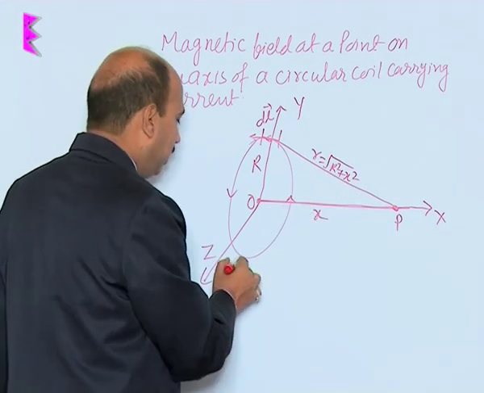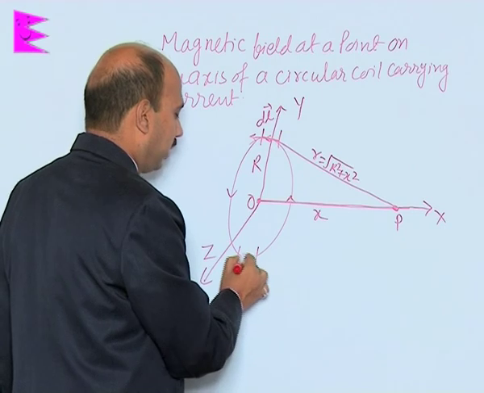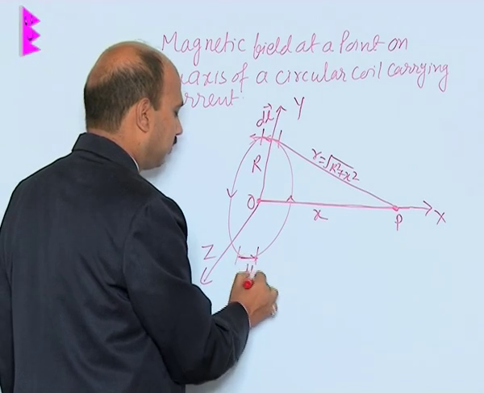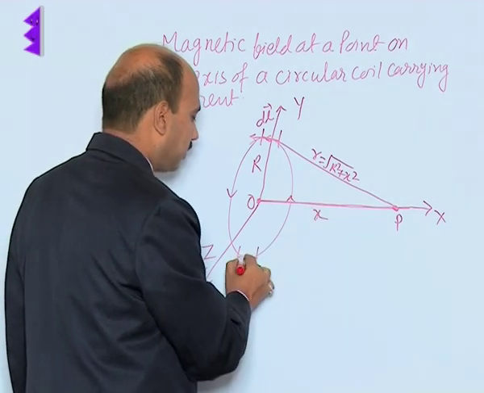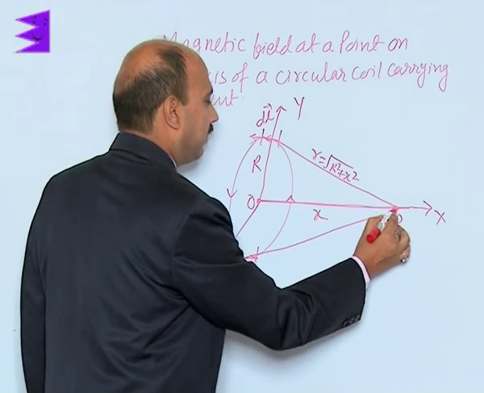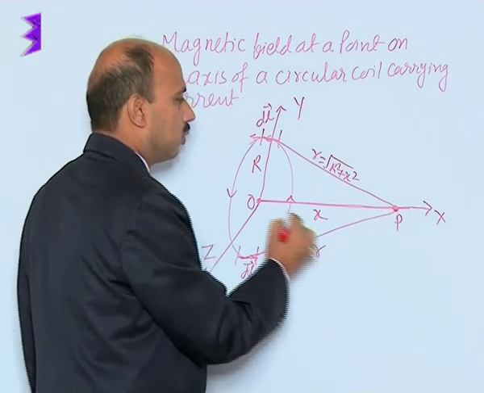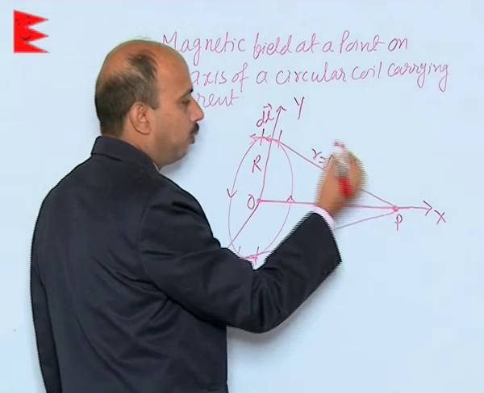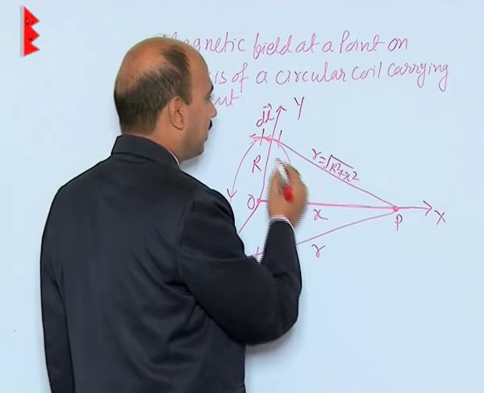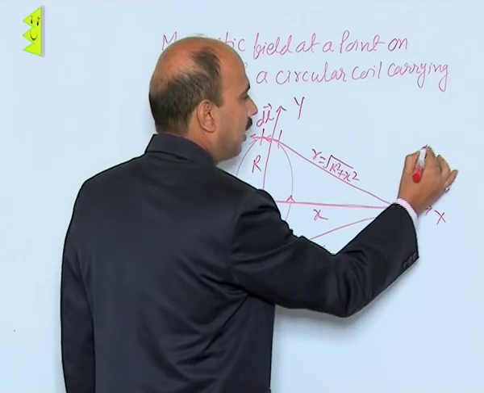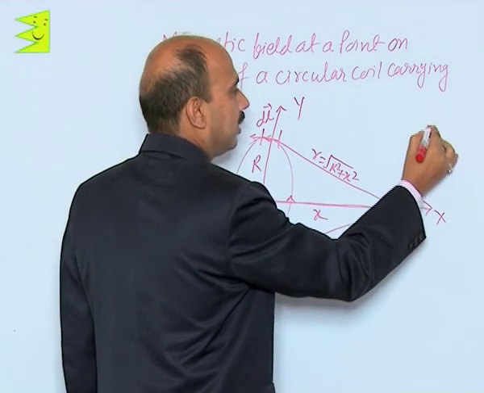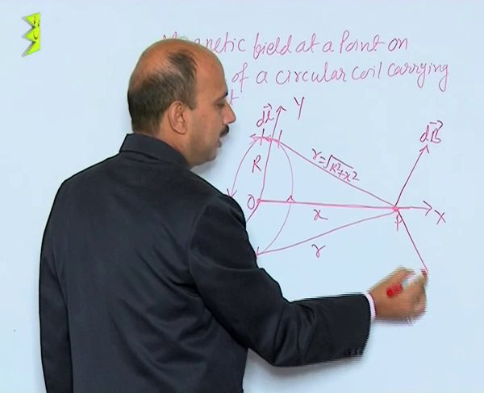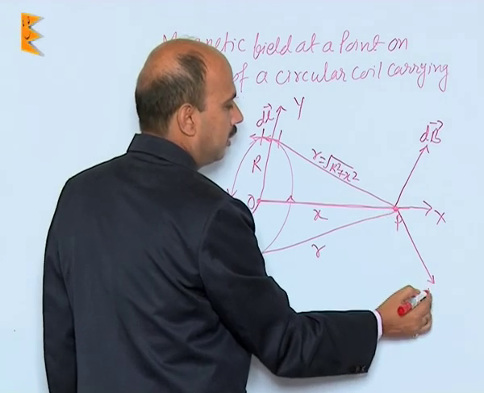Now similarly we can take a small element over here, that is dl here, and at this point the distance is also equal to r. So see here, the direction of magnetic field at this point is perpendicular to both the vector r and dl, that is this side, that we can take as vector dB, and here dB dash.